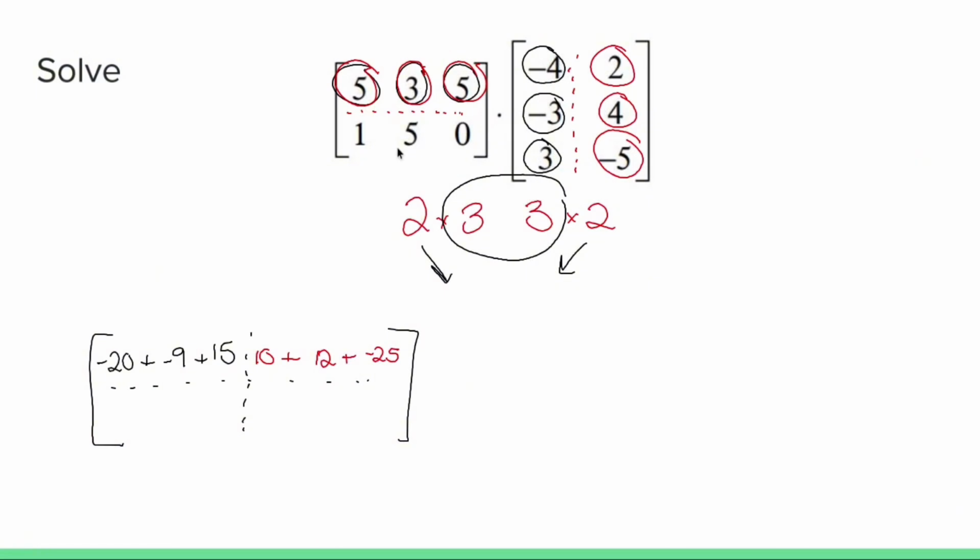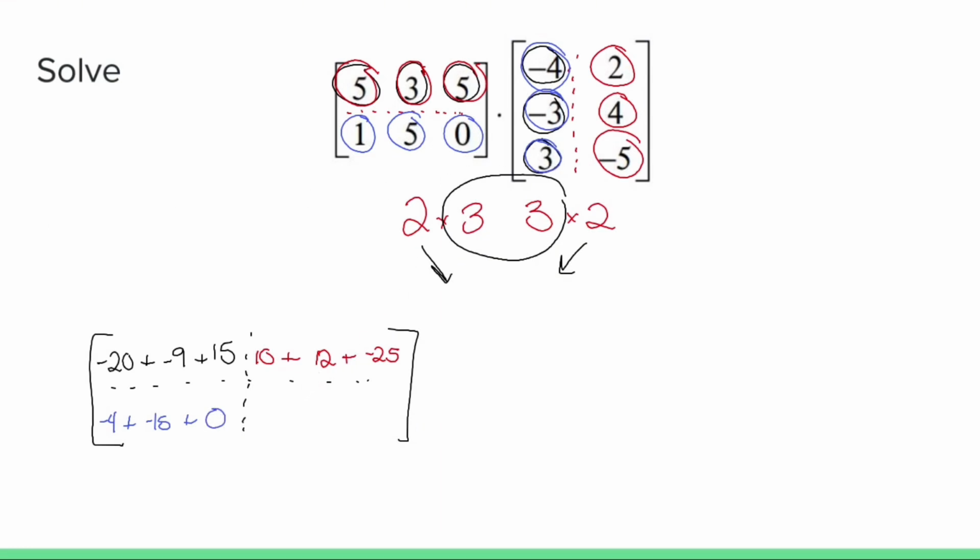Second row, first column. First element times first element is 1 times negative 4, which is negative 4, plus. Second element times second element is 5 times negative 3, which is negative 15, plus. 0 times 3 is 0. Okay, third element multiplied together.